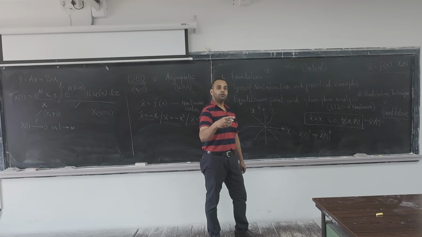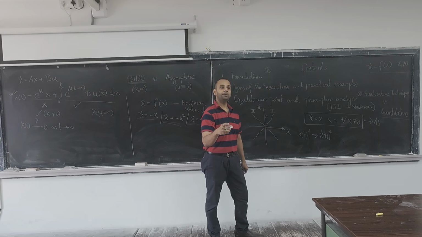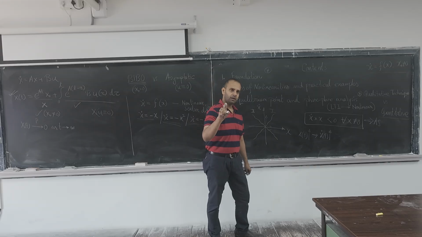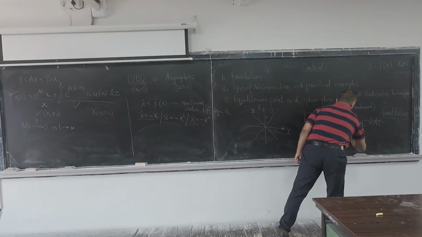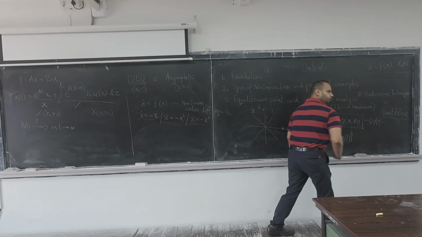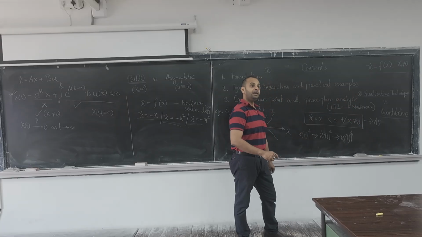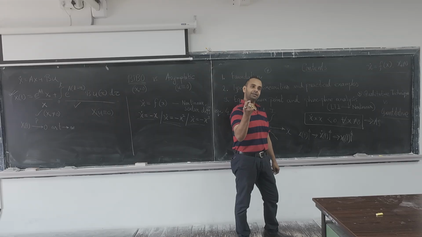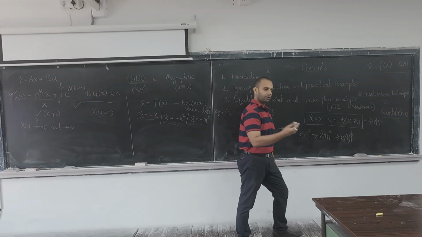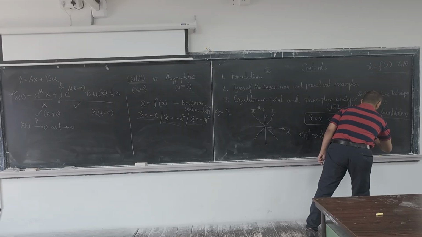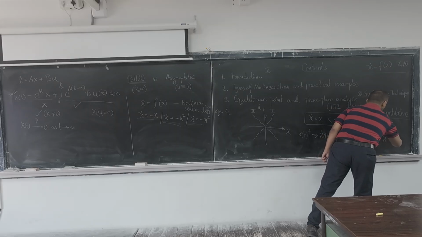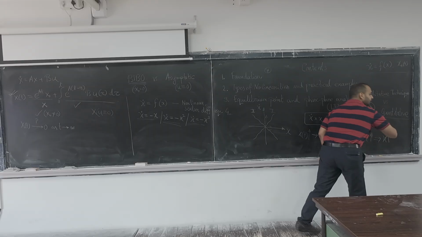Then if the rate of change increases, and that too in the same direction, then what will happen? X will increase further. I am giving two arrows. Then that will cause further acceleration, and that will cause even further increment in the x.